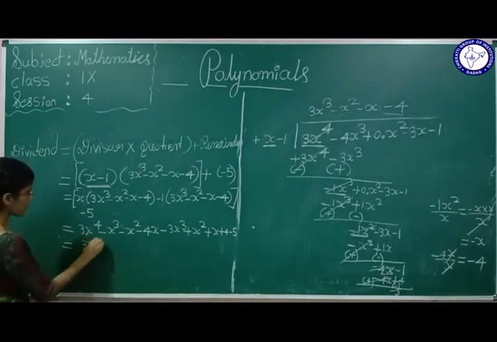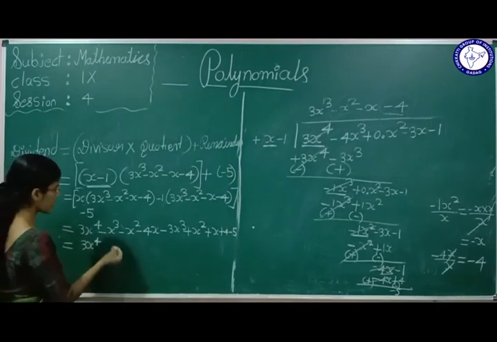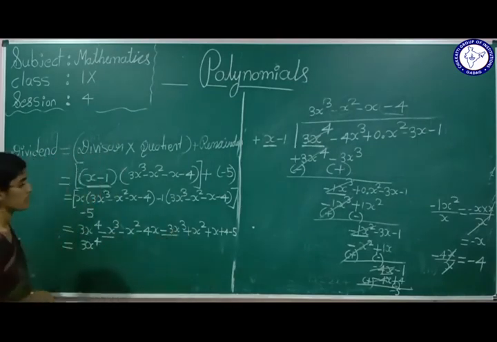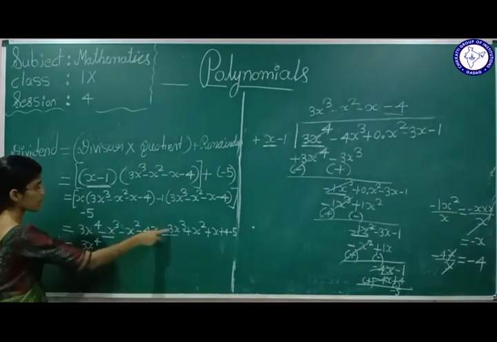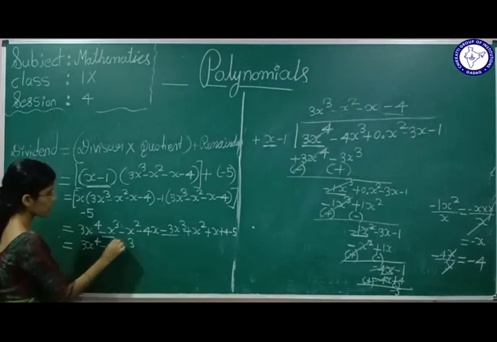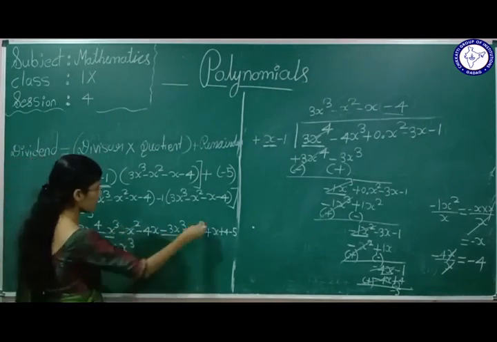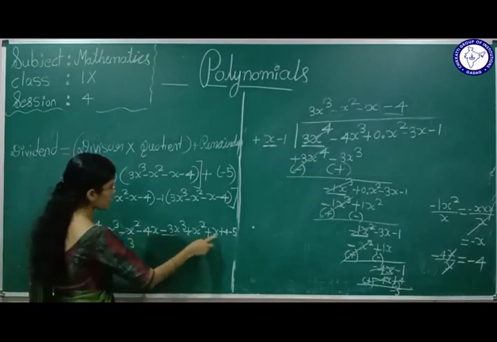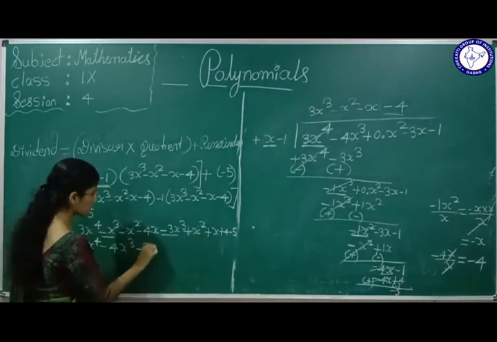Now see, 3x raised to 4. Okay, take the like terms, minus x cube minus 3x cube. What is that? Minus x cube minus 3x cube is nothing but minus 4x cube. Minus x square plus x square is going to get cancelled. What is minus 4x plus x? It is minus 3x.